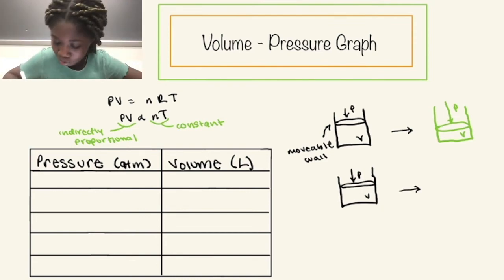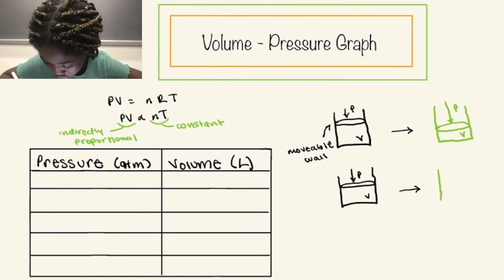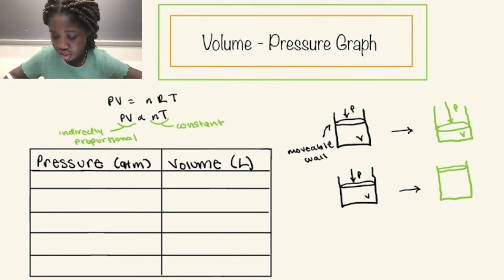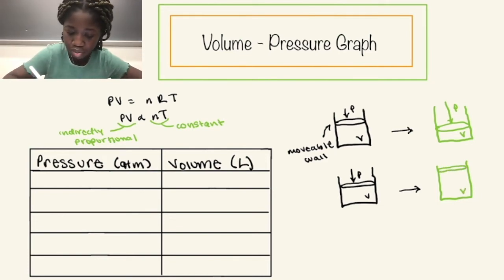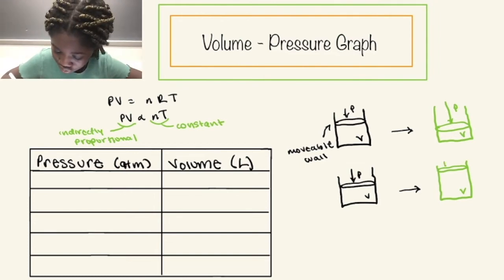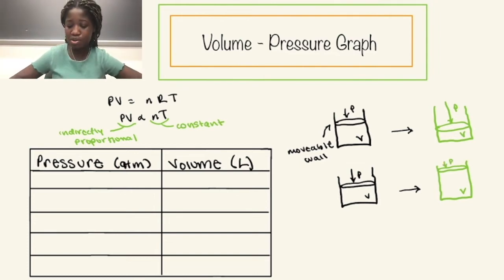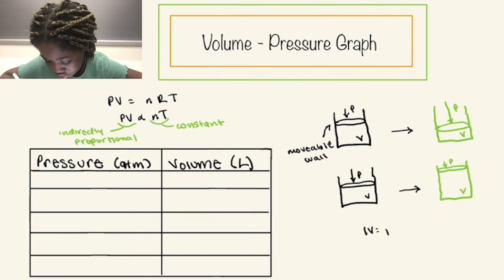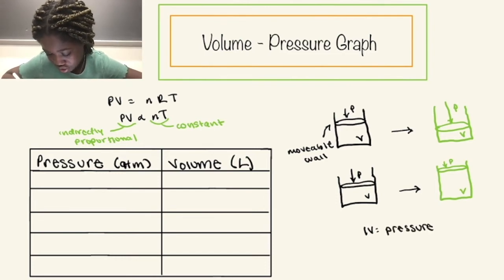Now our chamber will look something like this, in which the decreased pressure caused an increase in volume. So this is illustrating an inverse proportional relationship between pressure and volume, and the independent variable in this case is pressure, and the dependent variable is volume.